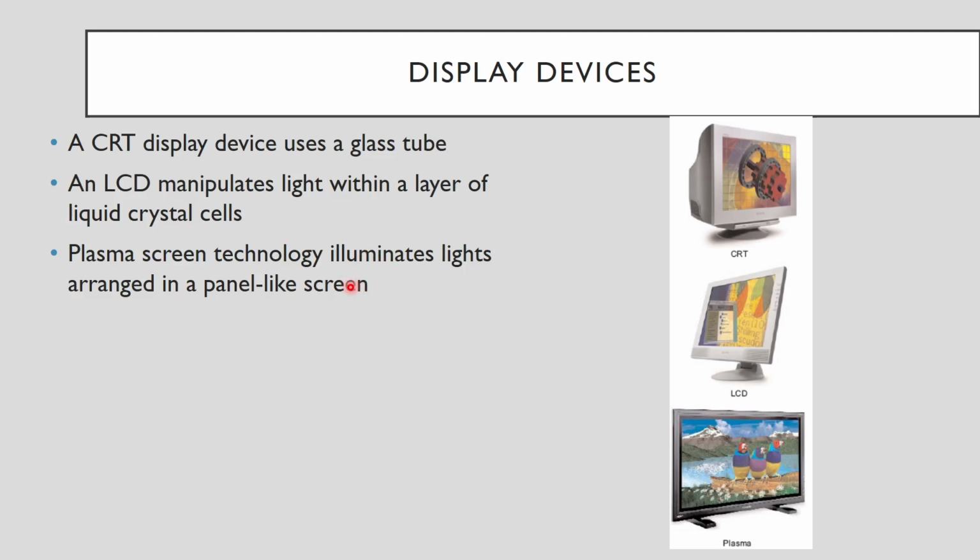Two technologies commonly used for computer display devices are LED and LCD. LCD, or liquid crystal display technology, produces an image by filtering light through a layer of liquid crystal cells. The advantages of LCD screens include display clarity, low radiation emission, portability, and compactness.